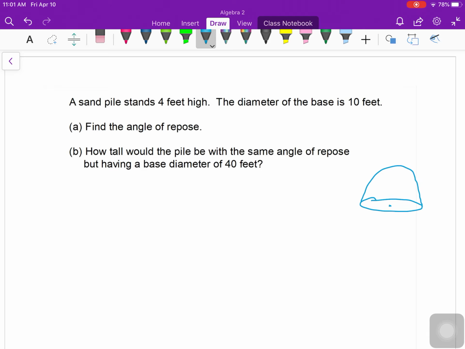It says this diameter that goes all the way across the base here is 10 feet, and this pile stands 4 feet. So right here ends up being my right angle, and here's my triangle. Find the angle of repose. There's my theta.